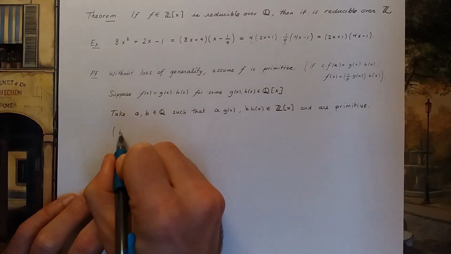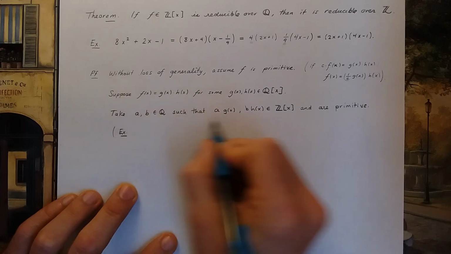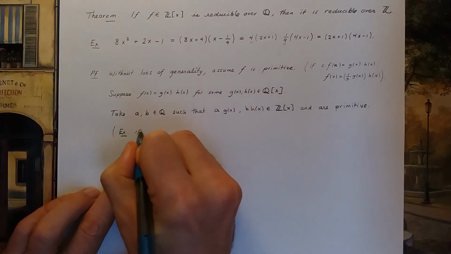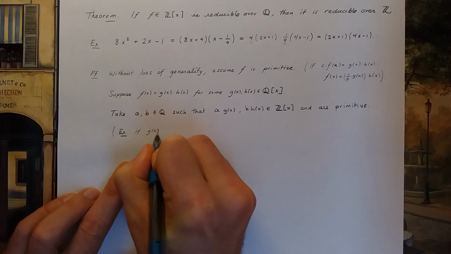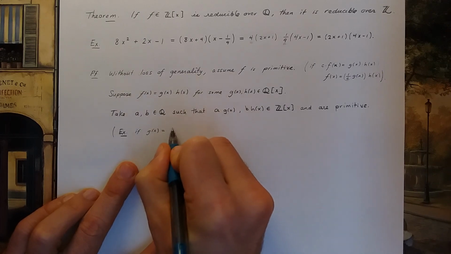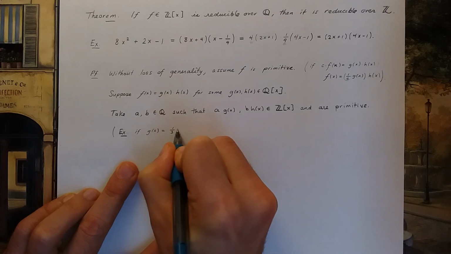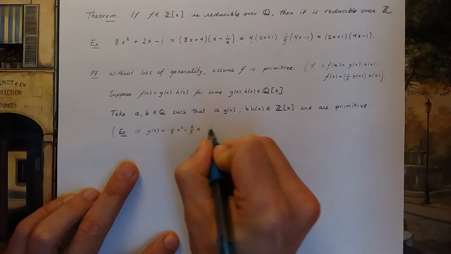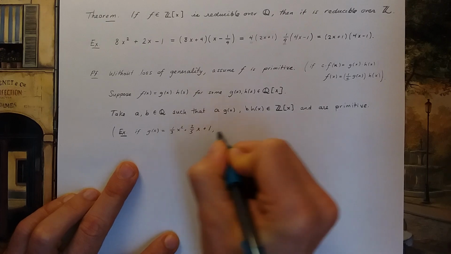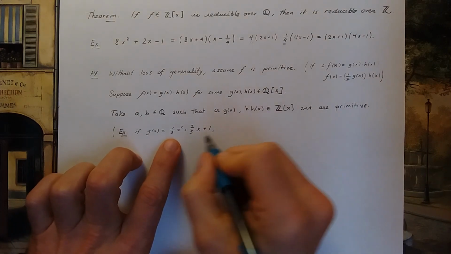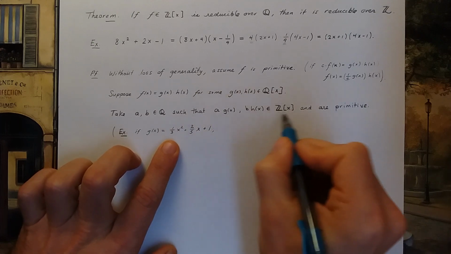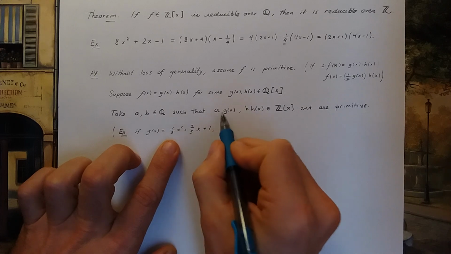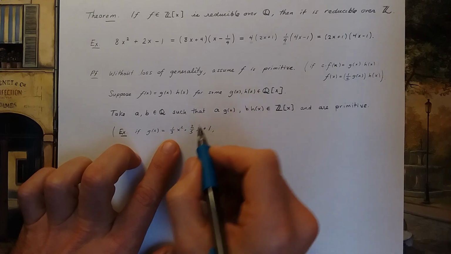So let me give you an example mid-proof of what I'm talking about here. If maybe g of x is equal to 1/3 x squared plus 2/5 x plus 1, I need to multiply by some constant to clear all the fractions, but I don't want to multiply by anything more than necessary.